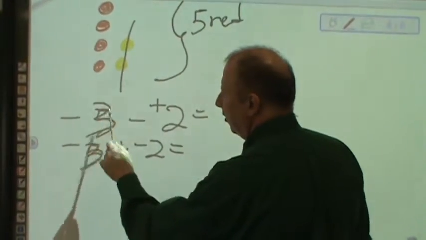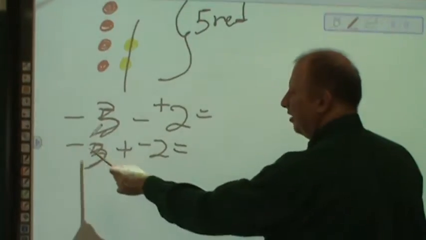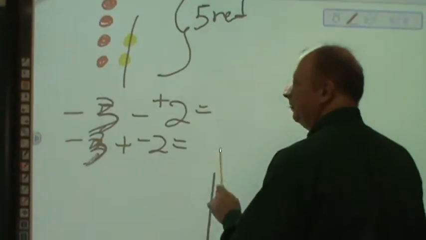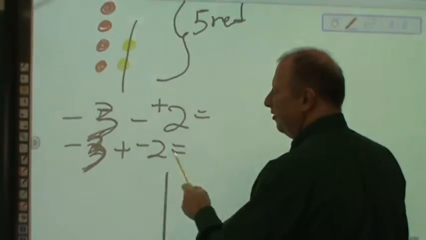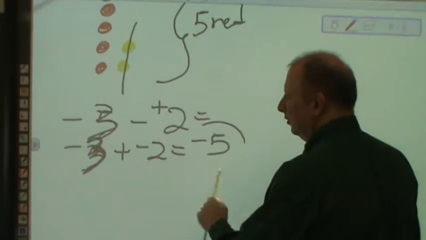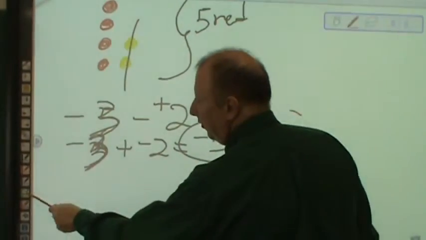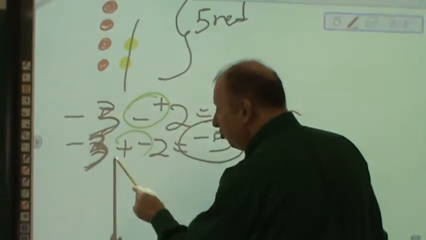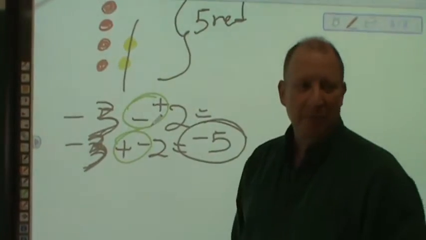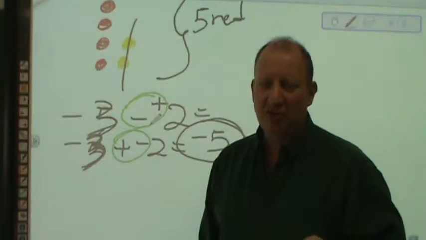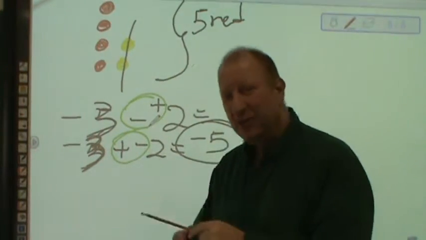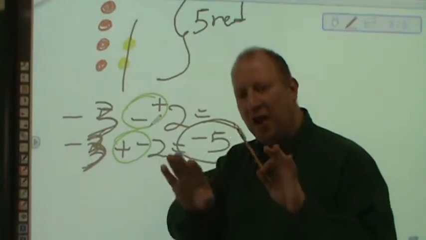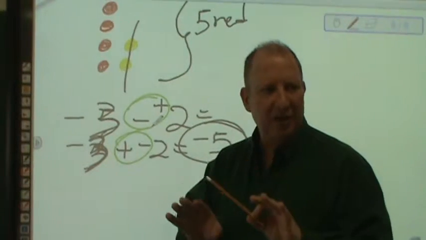Negative 3 plus negative 2 equals negative 5. And your teacher turns around, says, circle this, switch the signs, and that's it. That's really nice. Did you understand what you're doing? Probably not. Understand it physically. Allow yourself to understand the red and the yellow pieces.